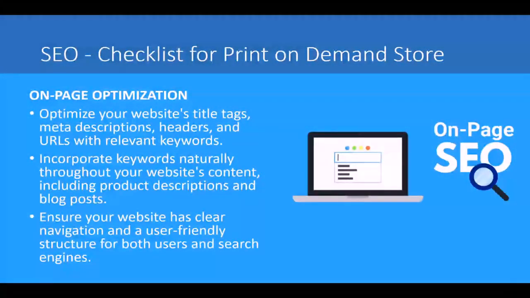Incorporate your keywords naturally throughout your website content, including your descriptions and your blog posts, and ensure your website has clear navigation and a user-friendly structure for both users and search engines. Most of these things are what your developer should know. You should ensure that your website meets these requirements, because it's going to help your website to be visible in search engine result pages.